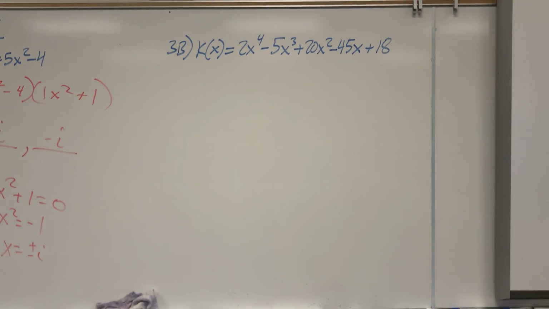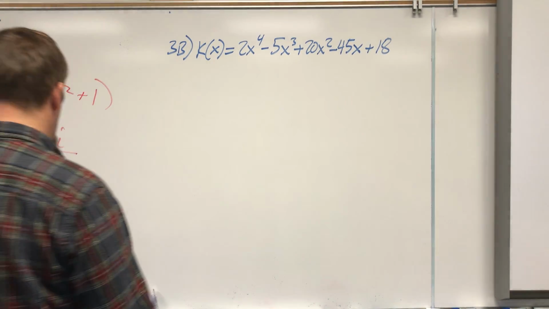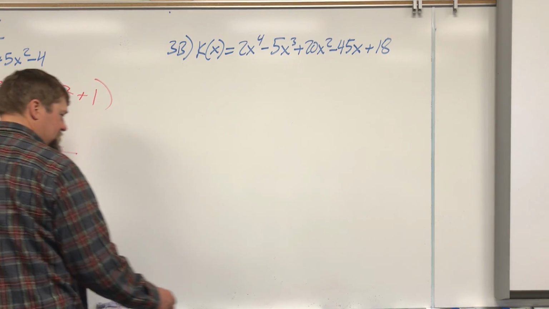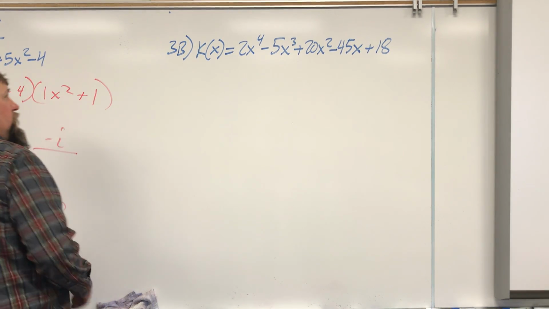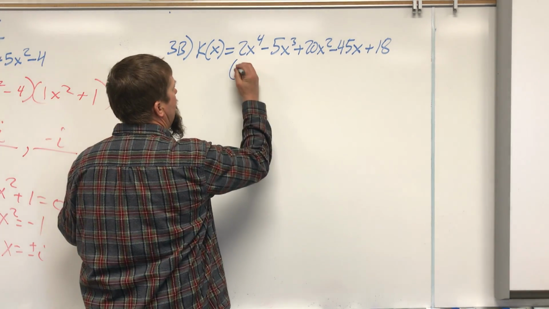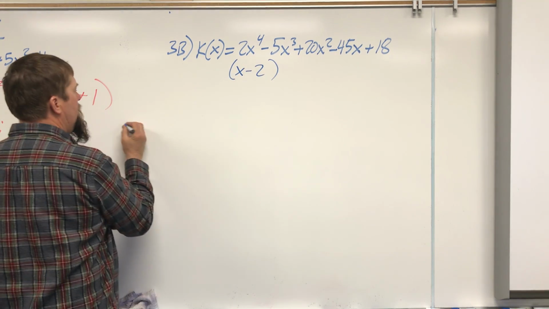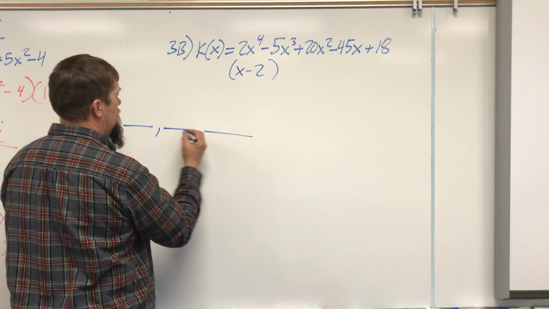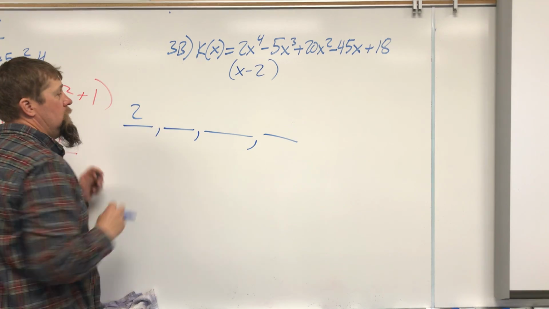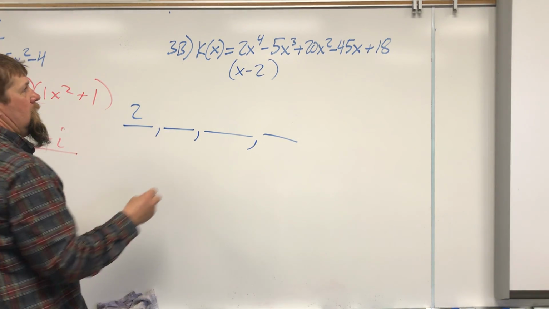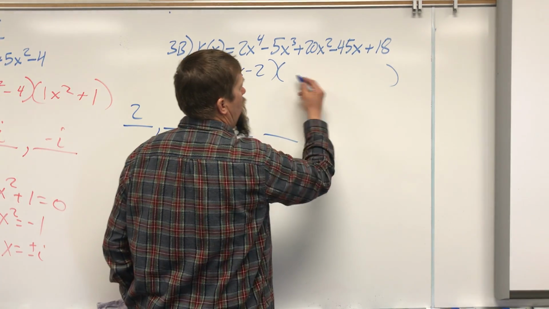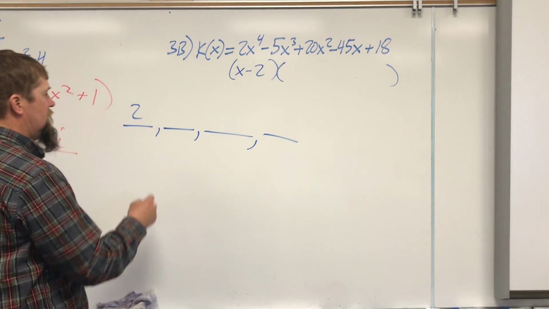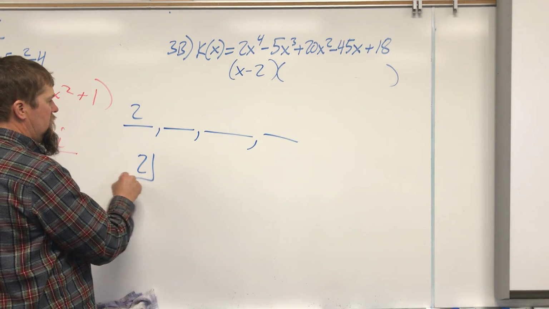So I'm going to go ahead and factor out a 2. I should say take out a 2, or factor an x minus 2 out. So I know I'm looking for 4 zeros, one of them being 2. And then I want to find out what's left here. Okay, so I do that using synthetic division.